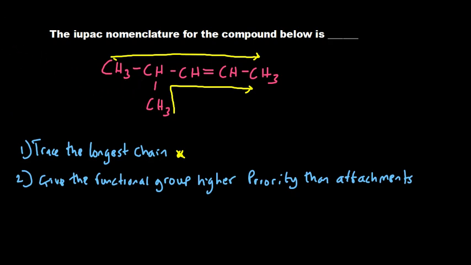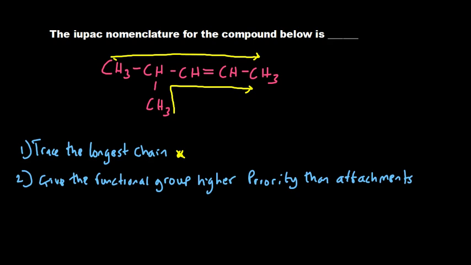Good. Now, the next step in naming is to give the functional group the lowest number possible, and this is the functional group. If I name from here, 1, 2, and 3, that is 3.